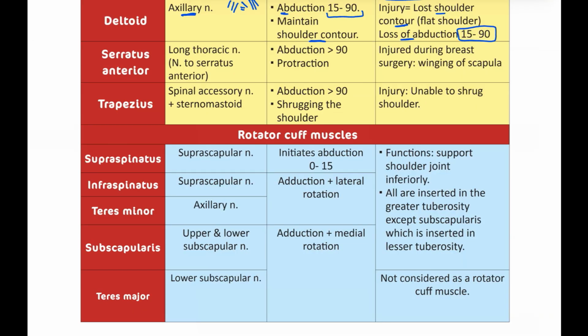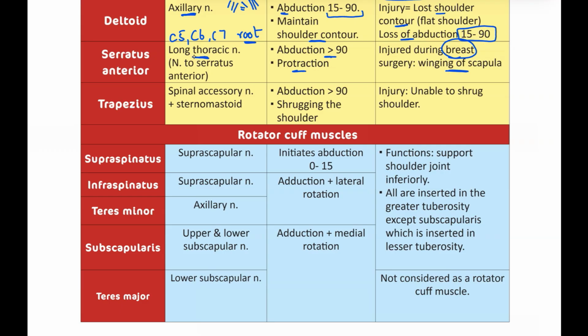So serratus anterior is supplied by the long thoracic nerve. Now long thoracic nerve has a root value of C5, C6 and C7, and it is given from the roots. Okay. Now it is responsible for abduction at more than 90 and protraction of the scapula, and its injury is resultant during the breast surgery, and it will result into the winging of the scapula.